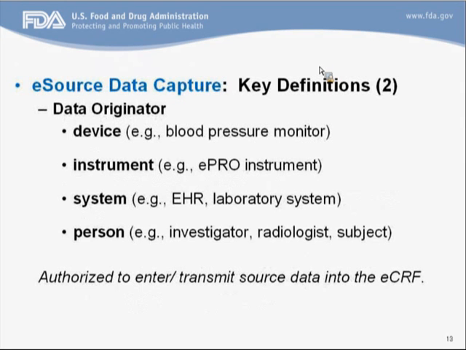So some of the key definitions in the guidance talked about data originators: device, instrument, system, and person. We feel that because we're talking about electronic source data capture, a data originator is no longer just authorized study personnel, but can be a device, as in a blood pressure monitor, an instrument, an electronic patient-reported outcome instrument, a system.